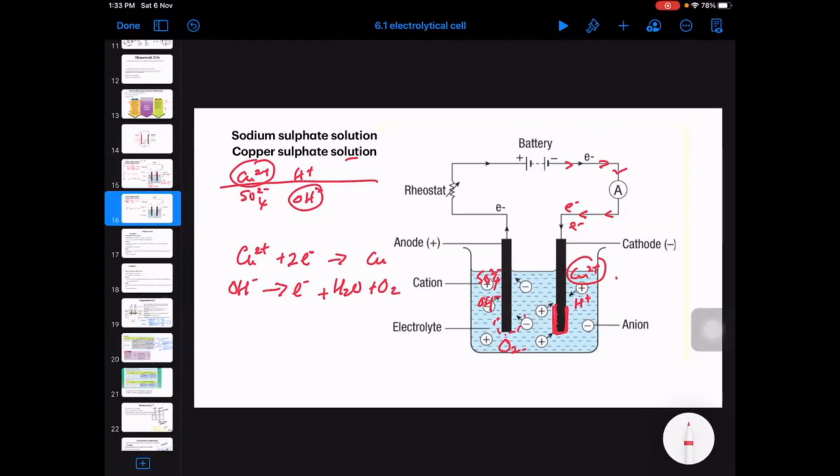So copper sulfate solution. When you look at the words copper sulfate solution, you have to write down all the ions like how I did, and then write down which one is a cation and which one is an anion.